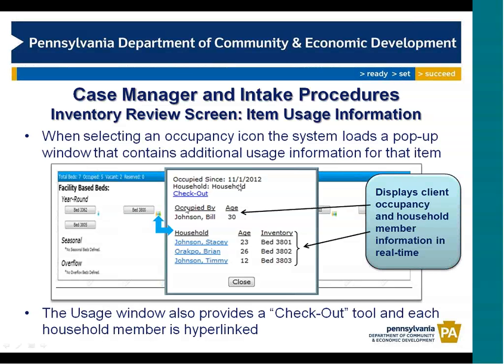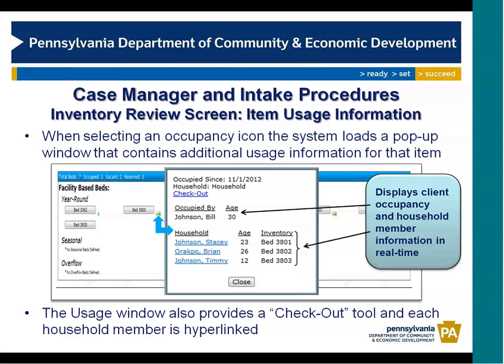If it's just a single person, it shows who's occupying the bed, for example, Bill Johnson, who's 30, is directly in bed 3800. However, if there's a household icon and they're there with household members, it'll also show all the household members, as well as their age and the inventory they're in. So not only is Bill in this certain bed, the 3 household members are in these 3 beds as well.